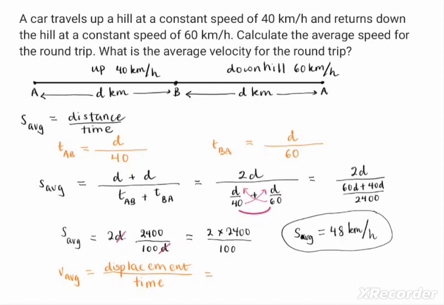Displacement is final position minus the initial position. But if you are coming back to the same spot because you are going up and down, the displacement is 0. So we have 0 kilometers as displacement, and then we have time. So that gives us V average equals 0 kilometers per hour.